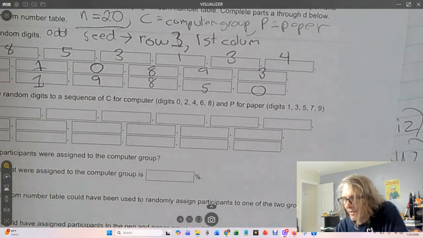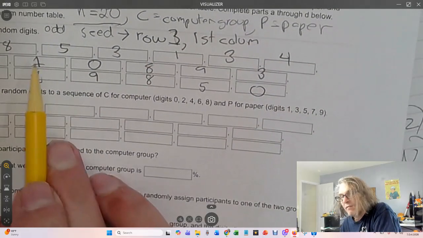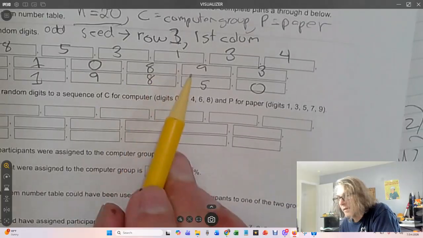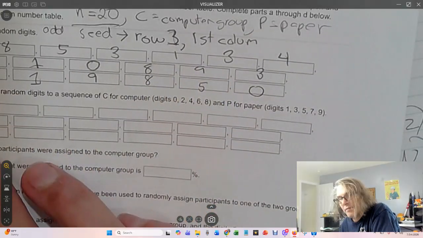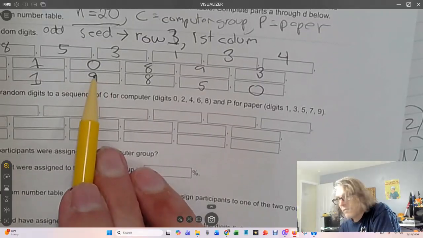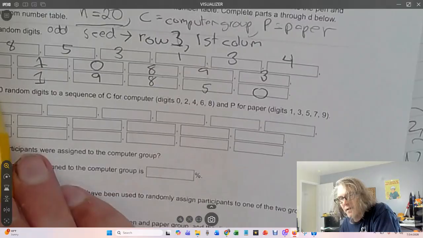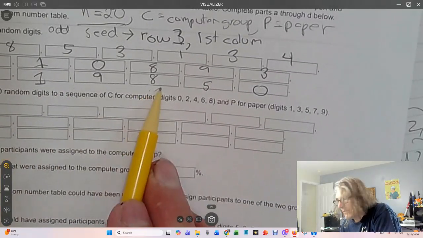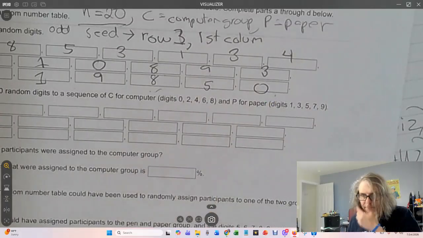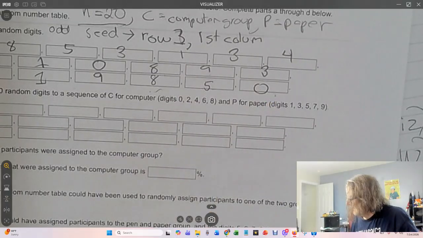Let me just double check my numbers, make sure before I proceed if I did any transcribing errors or anything of that sort. 8, 5, 3, 1, 3, 4, 0, 9, 1, 0, 8, 9, 3, 7, 1, 1, 9, 8, 5, 0. That's confirmed. That is confirmed.